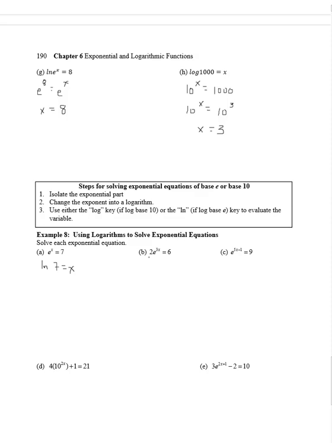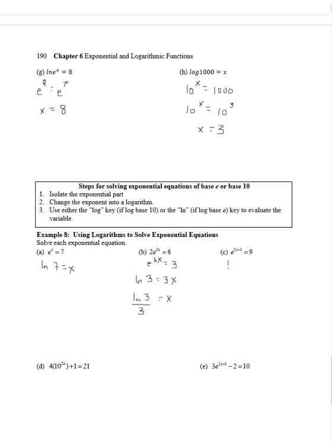By the same regards, we have to isolate the exponential part on part B. So first we have to divide by 2. So we get e to the 3x equals 3. And then we just use the rules. So natural log of 3 equals 3x. So x equals the natural log of 3 over 3, which you can then plug into your calculator to get an answer.